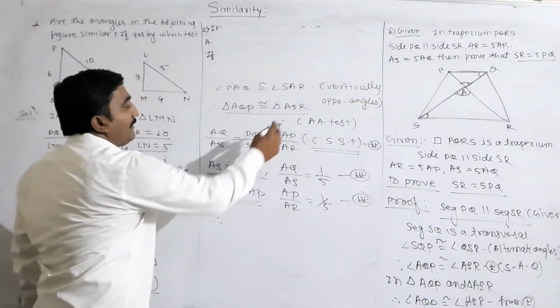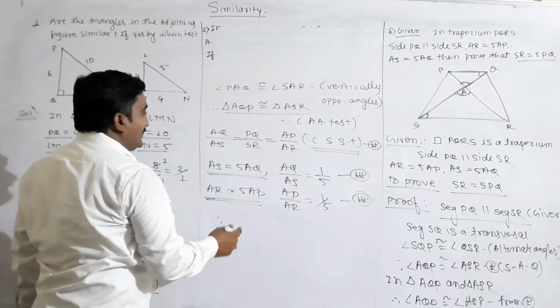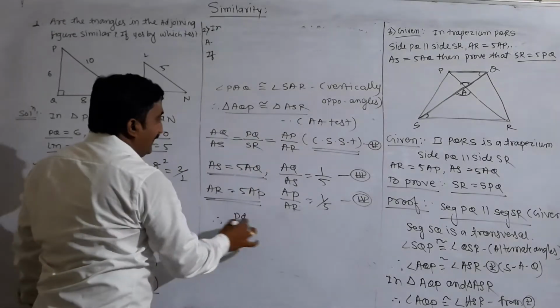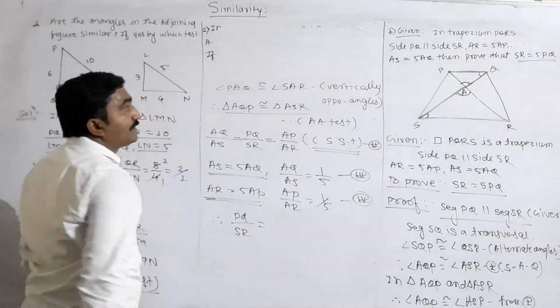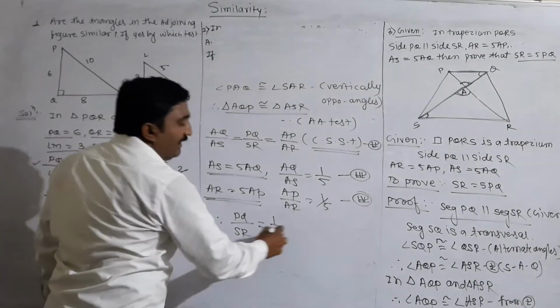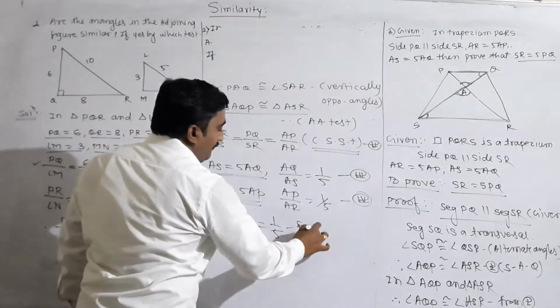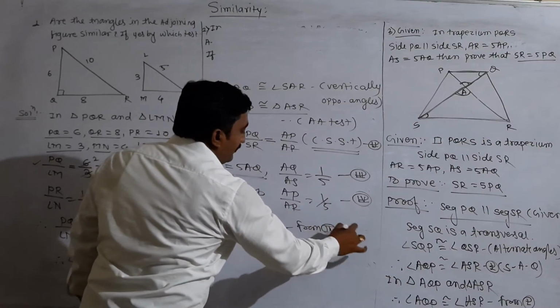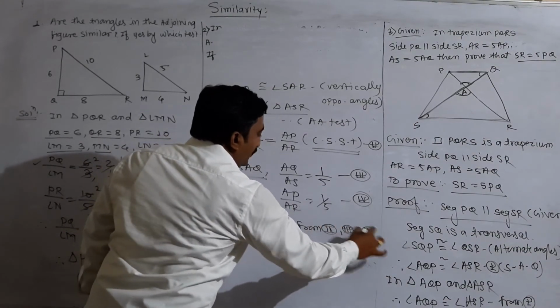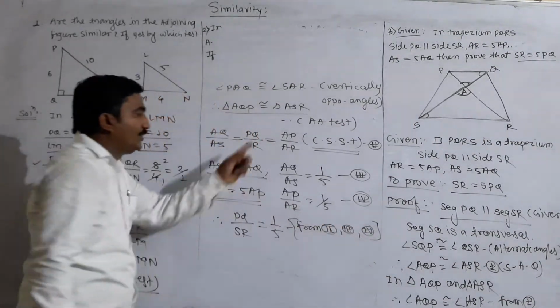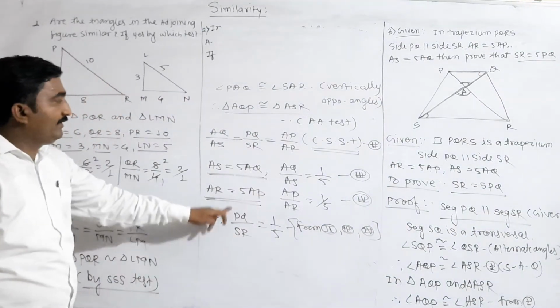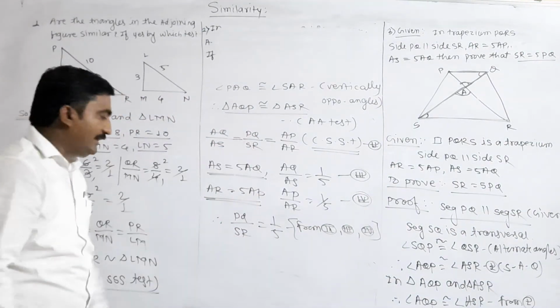So from equations 2, 3 and 4, PQ divided by SR is equal to also 1 by 5.